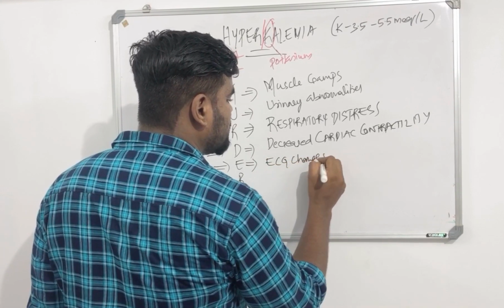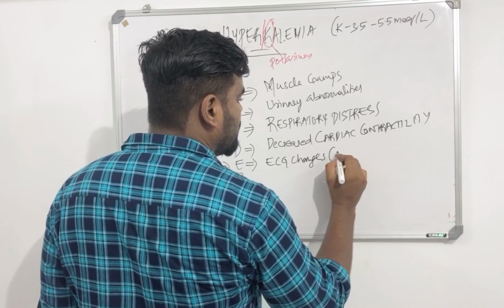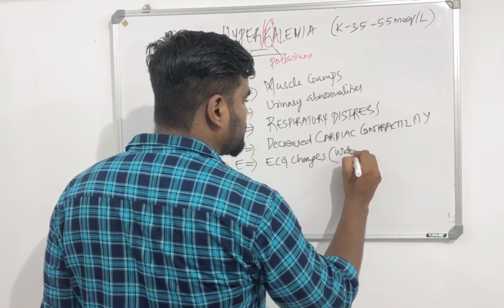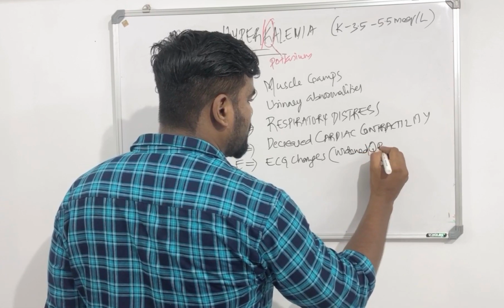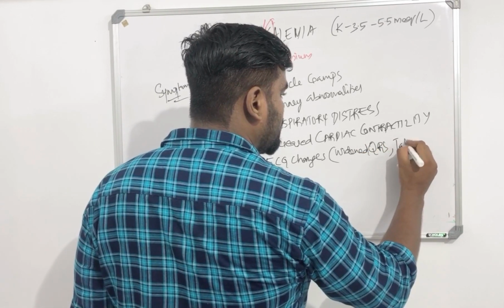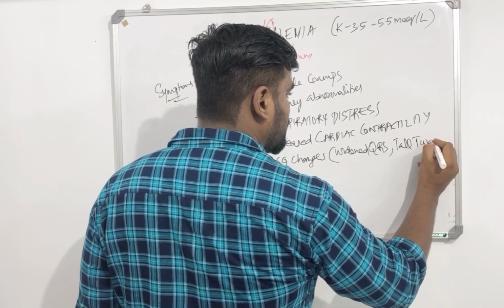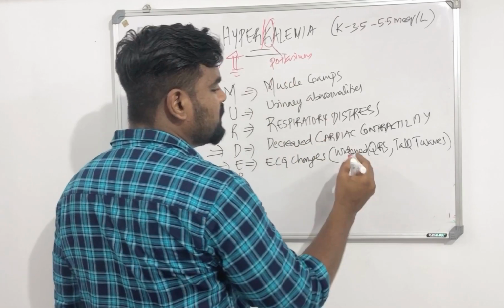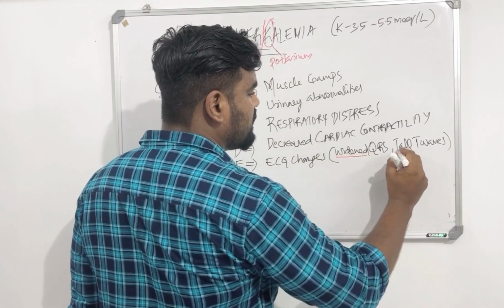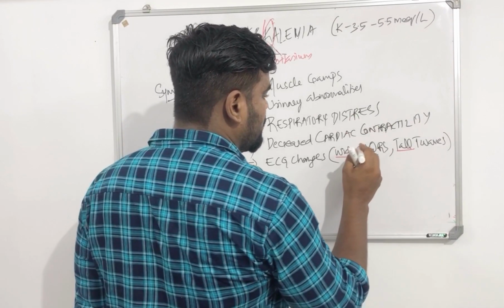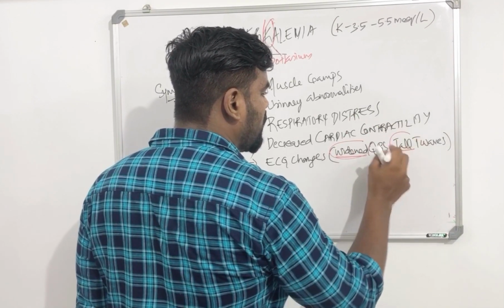What ECG changes can you see? You want to remember widened QRS complex and tall T waves. Something is increased here: in the ECG, the width is increased and the height is increased. You want to remember it like that. Widened QRS complex and tall T waves.